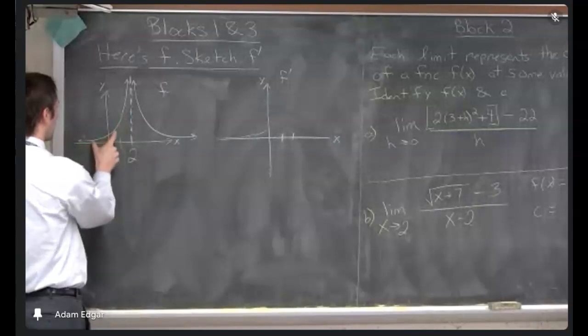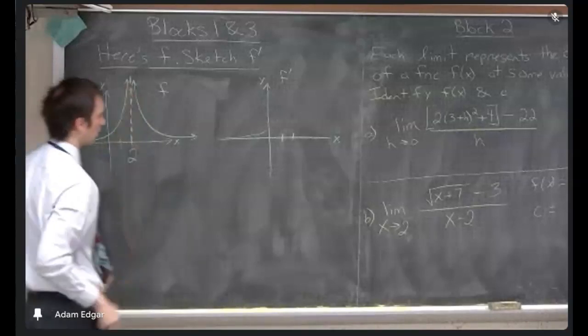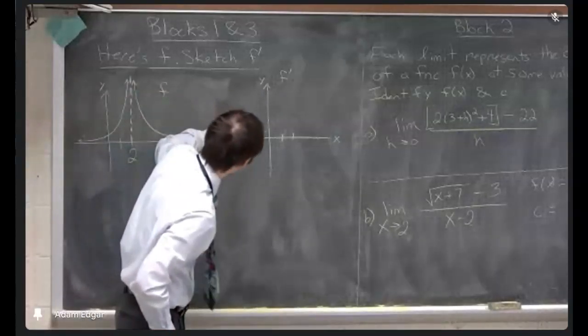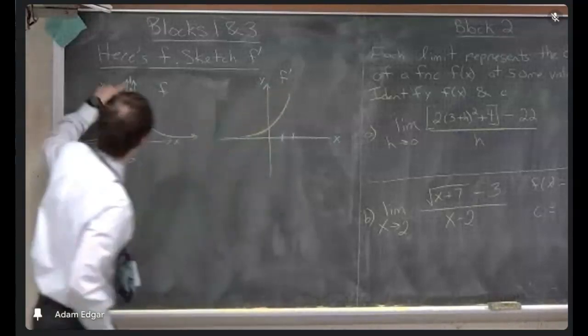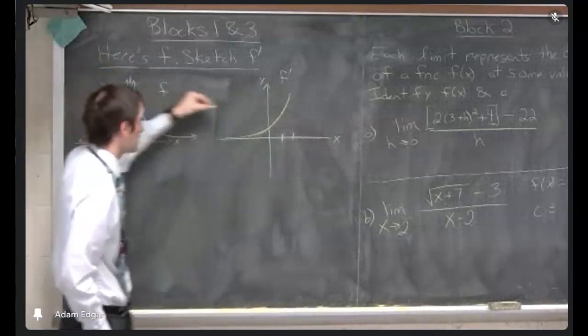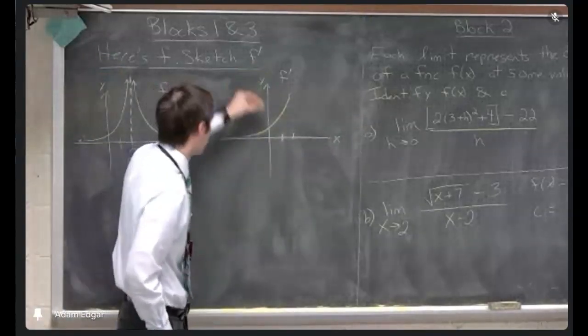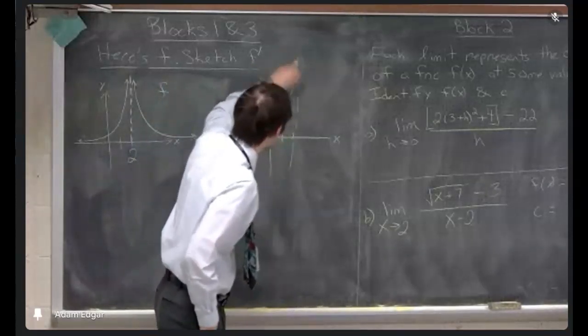And then what happens with the slope as you get closer? It gets steeper and steeper, so the slope gets higher and higher in the derivative graph until you get to the vertical asymptote, and then effectively this is basically vertical, and so the slope is basically going off to infinity. So as you get closer to the vertical asymptote at 2, the curve does that.